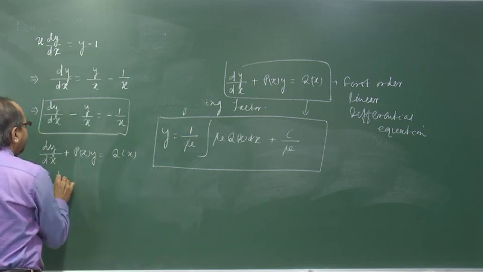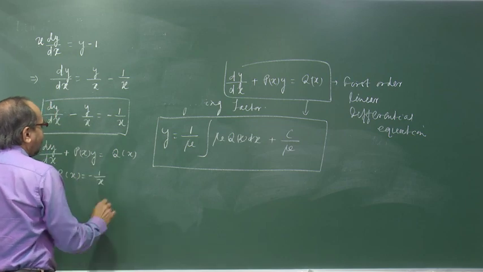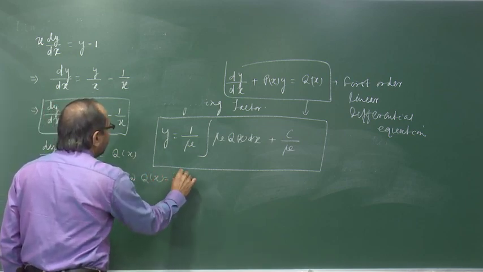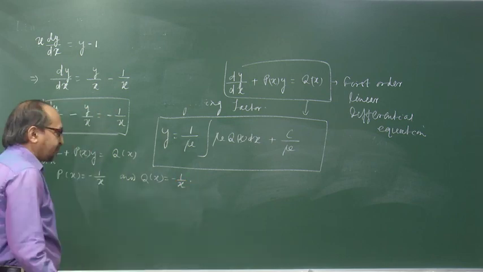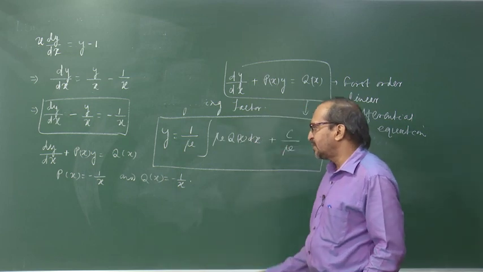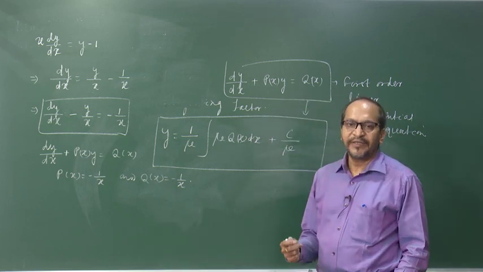So, comparing here, we get P(x) = minus 1/x, and of course, Q(x) = minus 1/x. Then we have to find the integrating factor.